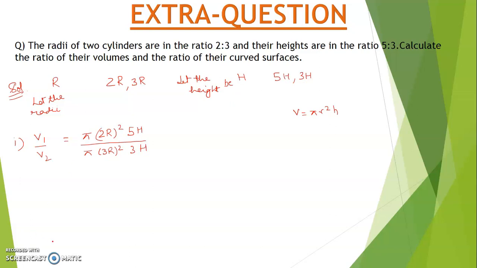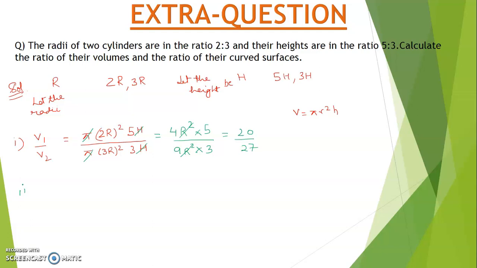So this pi and this pi will be cancelled, and this h and this h cancelled. So what is left? 4r square into 5 upon 9r square into 3. This r square and this r square cancelled. So 5 4s are 20 and 9 3s are 27. So the ratio we are getting is 20 by 27.